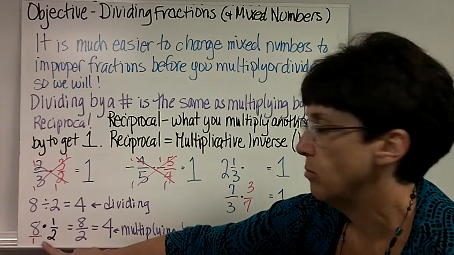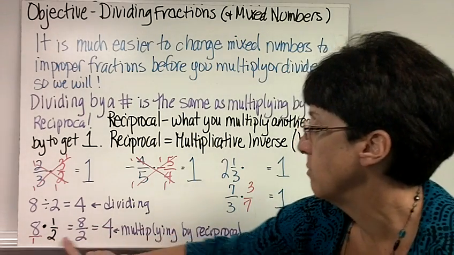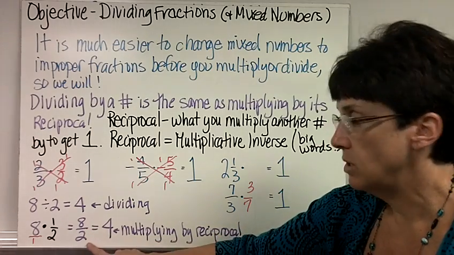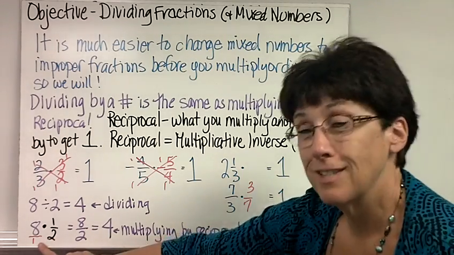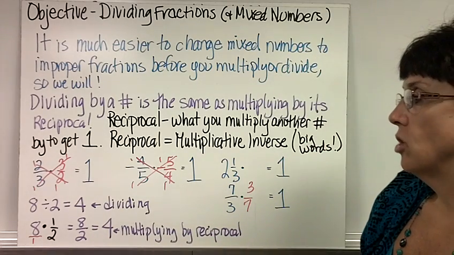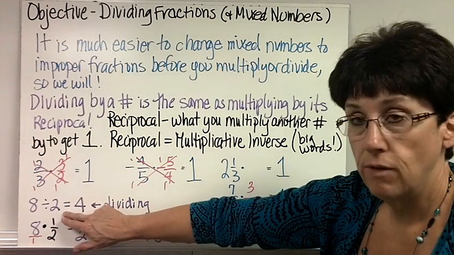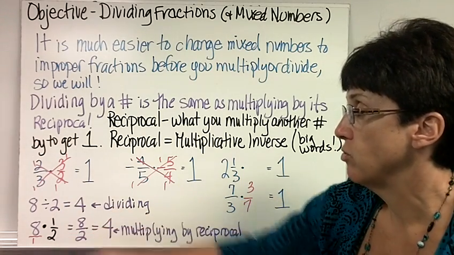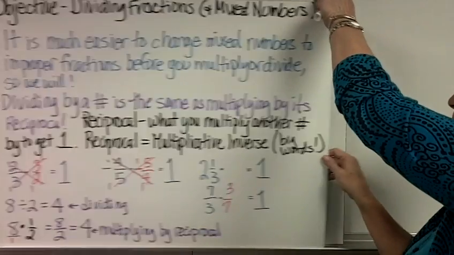But if I make my whole number into a fraction by putting it over 1, 8 times 1 is 8, 1 times 2 is 2, and once again we're doing 8 divided by 2, which is 4. So even though it looks like it's multiplying, when you multiply by a fraction, you get the same thing. So we're going to be using this concept, dividing by a number is the same as multiplying by its reciprocal, with fractions because it makes our life easier. All right.